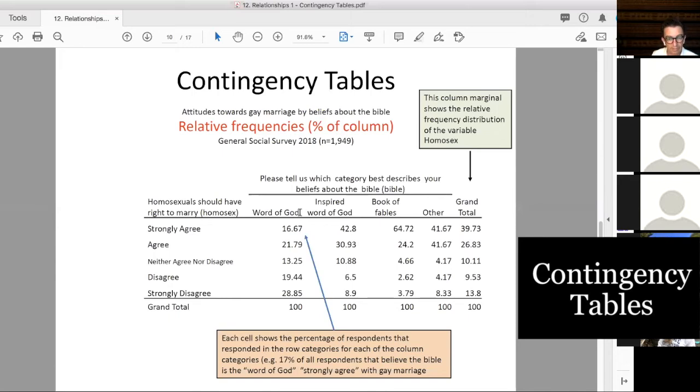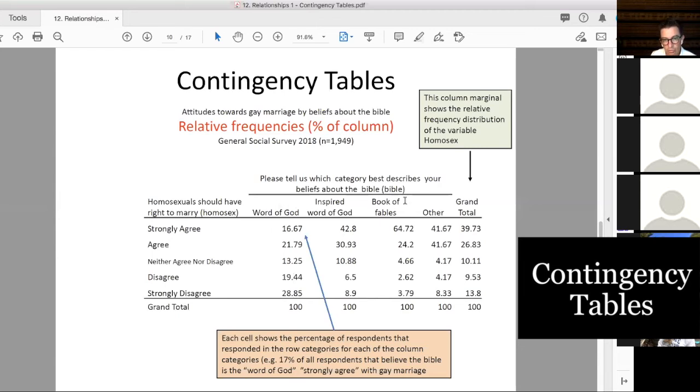So for example, out of those who believe the Bible is the actual Word of God, 17% strongly agree with gay marriage. Out of those that believe that the Bible is the actual Word of God, 29% strongly disagree with gay marriage.